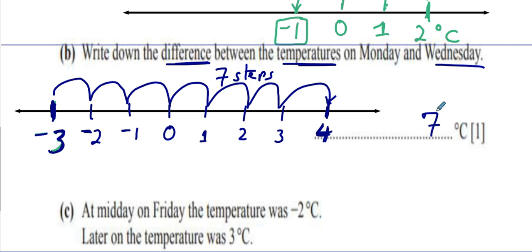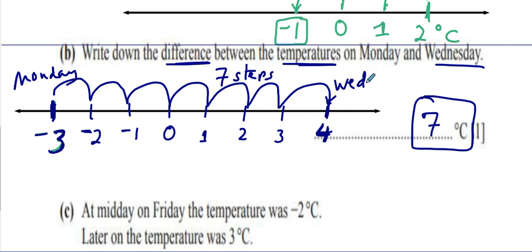Now, do you know the meaning of saying that the difference between temperatures is 7 degrees centigrade? Remember, this is the temperature on Monday, and this is the temperature on Wednesday. See that?